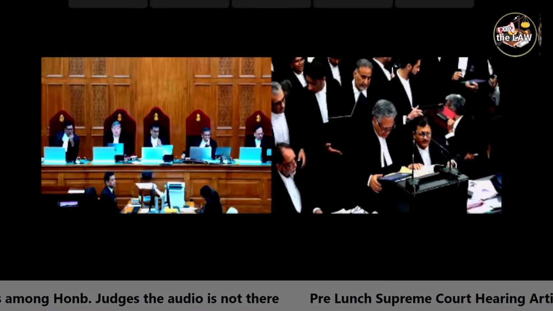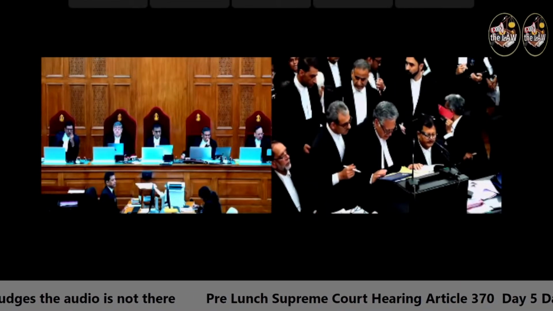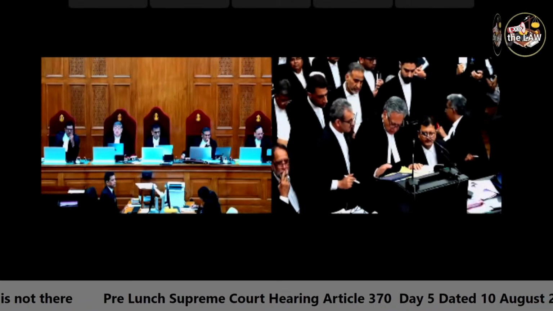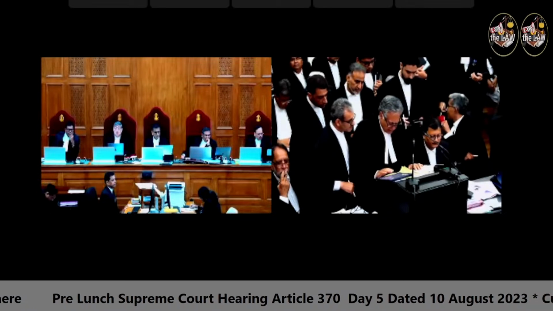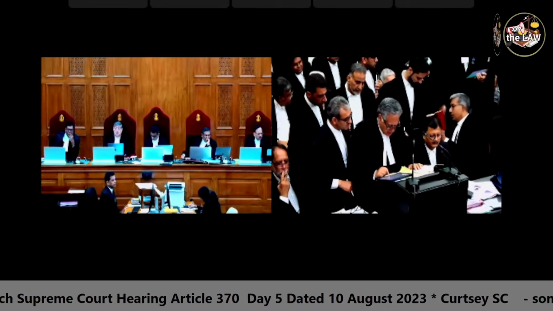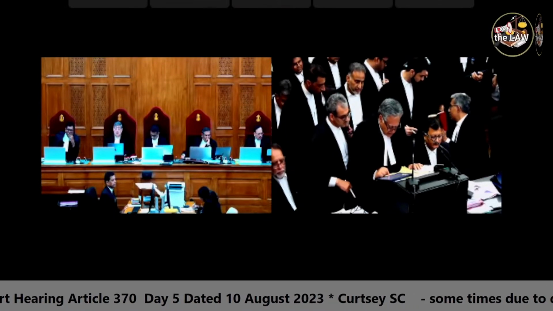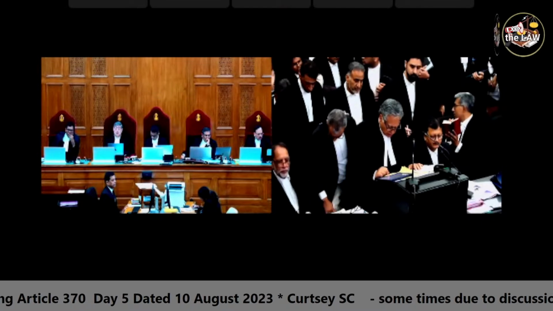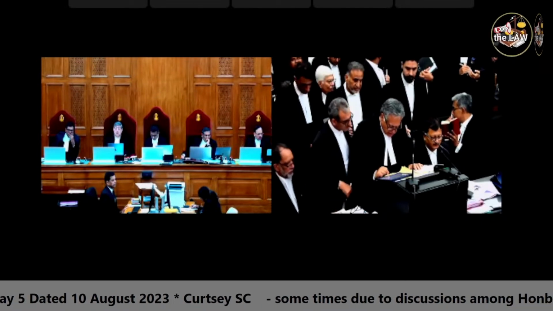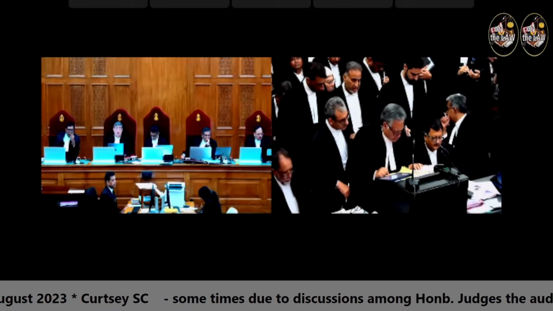To Article 7, there shall be added the following further proviso, namely: provided further that nothing in this article shall apply to a permanent resident of the state of Jammu and Kashmir who, after having so migrated to the territory now included in Pakistan, returns to the territory of that state under a permit for resettlement in that state or permanent return issued by or under the authority of any law made by the legislature of that state, and every such person shall be deemed to be a citizen of India.